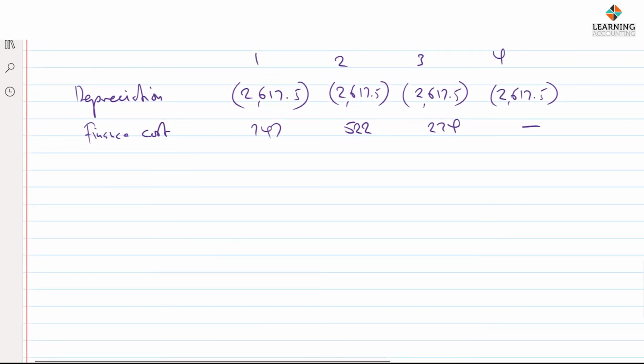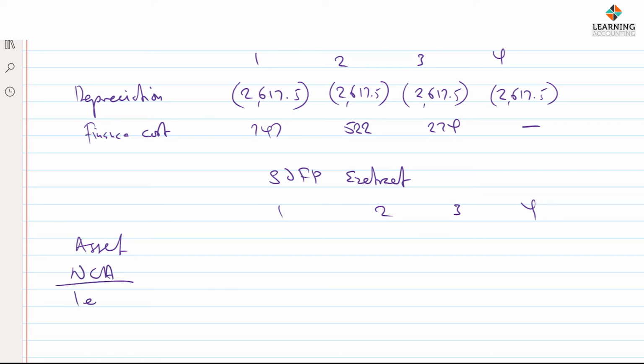In the statement of financial position, extract, year 1, 2, 3, and 4, we have the assets, the non-current assets, the lease assets.